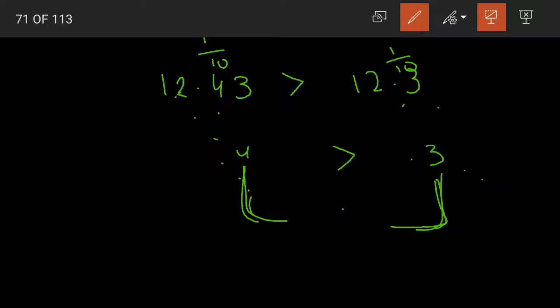Understood, children? What should I do if the whole number part is the same? The other method to compare is just to compare the digits in the 1/10 place. The decimal number with the bigger digit in the 1/10 place becomes the bigger decimal number. Now what if I have 12.421?